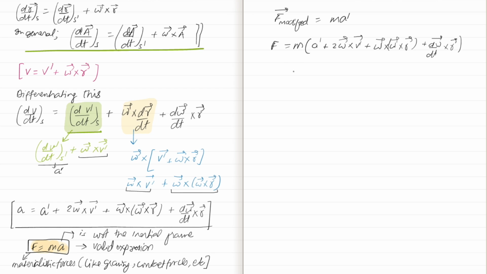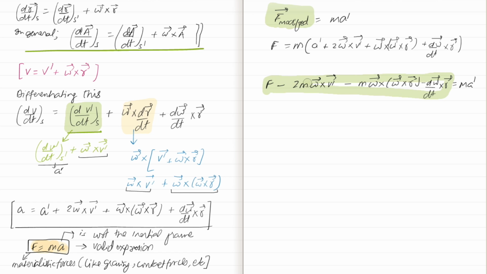Rearranging the terms, we have F minus all these terms is equal to ma dash. So that means, to use Newton's second law, apart from the materialistic forces, we also have to use this term, and the third term. Now in general, d omega by dt cross r is generally approximately equal to 0 because we assume either omega is constant or alpha is very small.